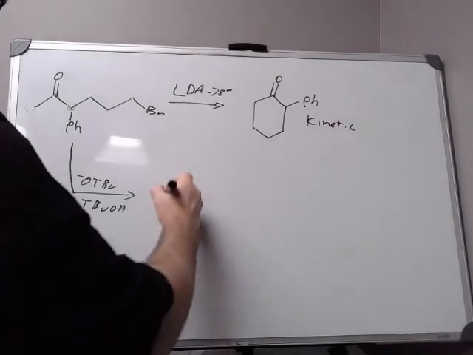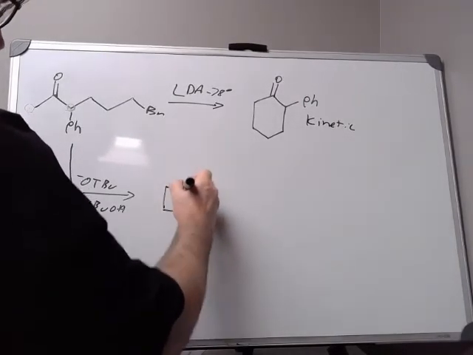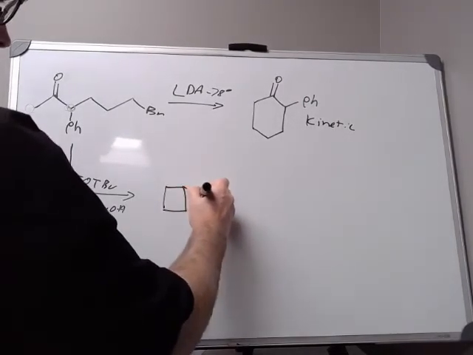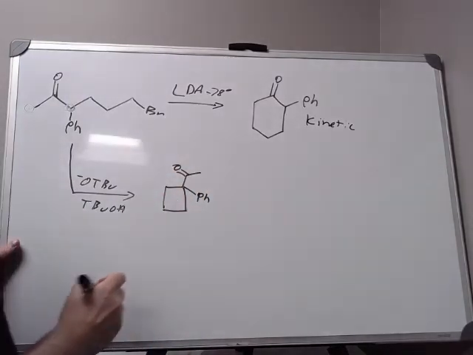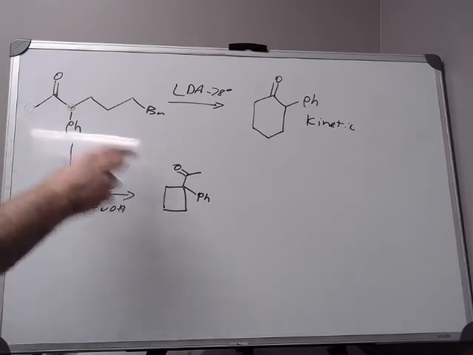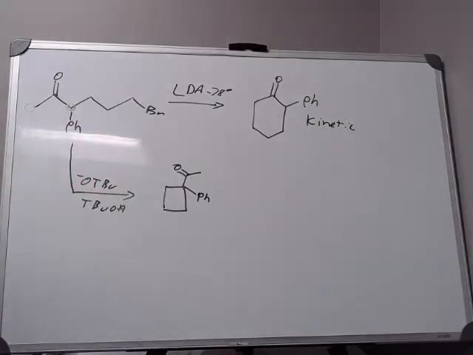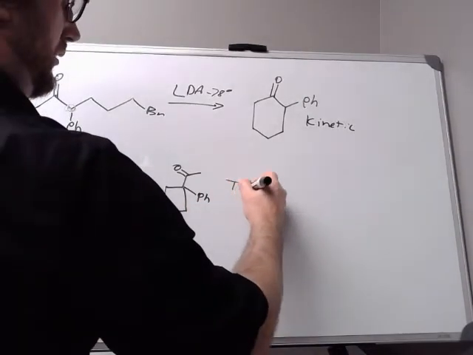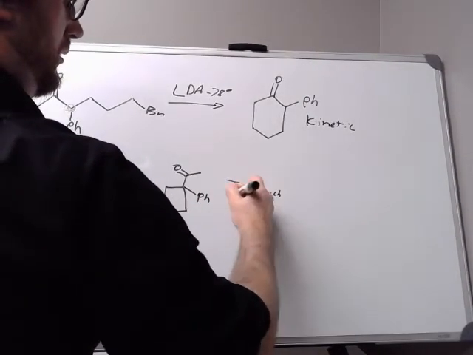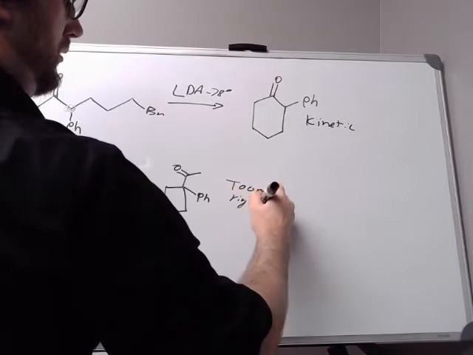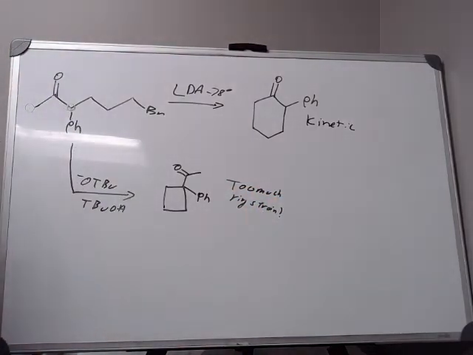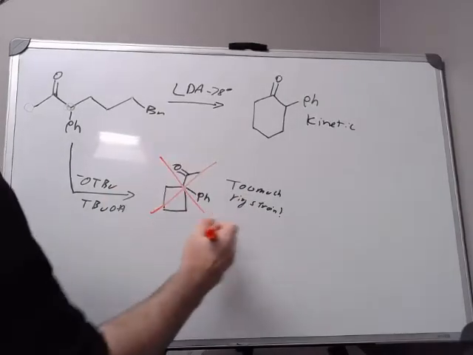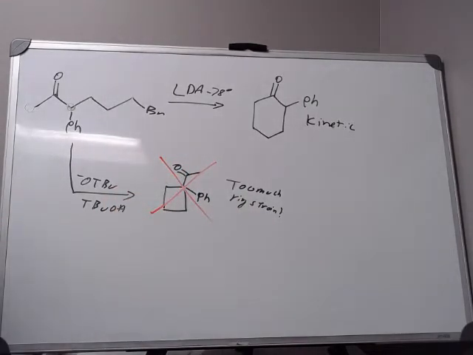So we'll draw that out. This would be the supposed product. The problem is this 4-membered ring has too much ring strain. And so we won't get this product.